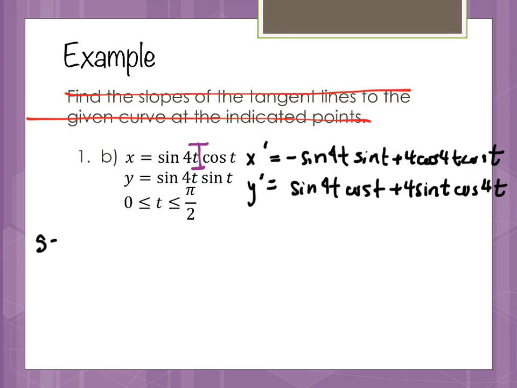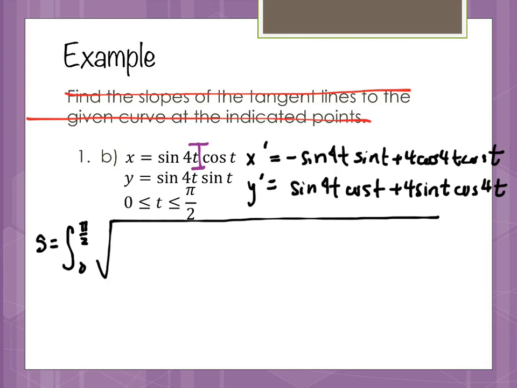We're going to do the arc length, which is the integral from 0 to pi halves. And my square root is going to have negative sine 4t sine t plus 4 cosine 4t cosine t squared.